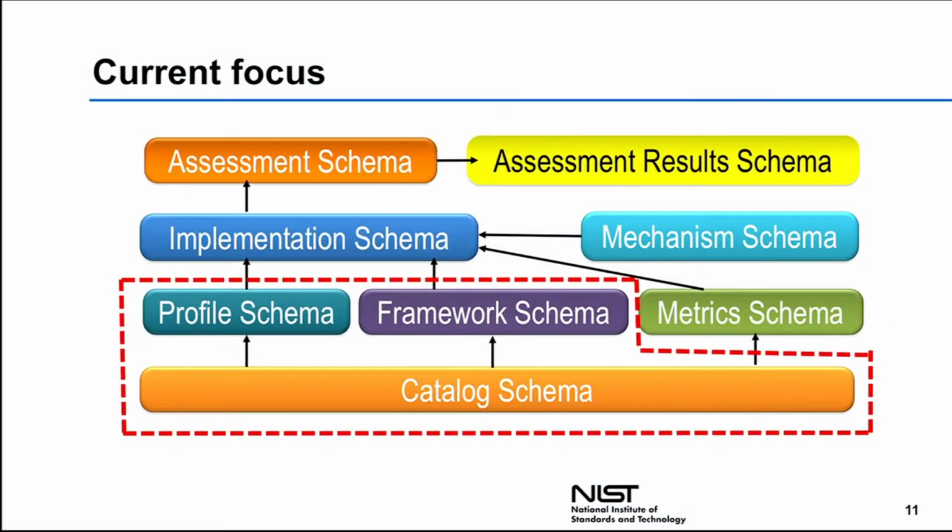So with that, I wanted to talk a little bit about the work that we've been doing. Our current focus has been around developing a data format, or multiple formats, that will actually support defining catalogs and profiles as well as frameworks in a structured way.